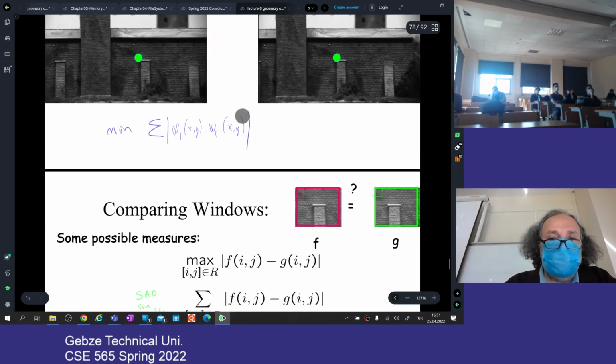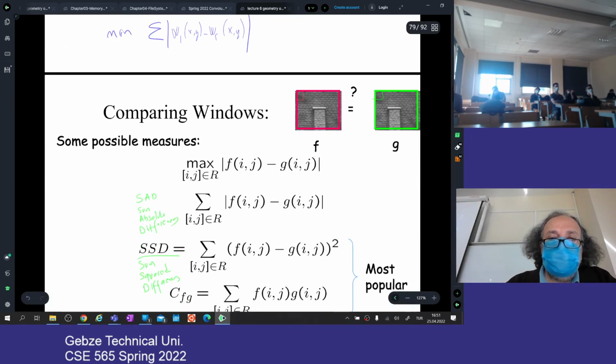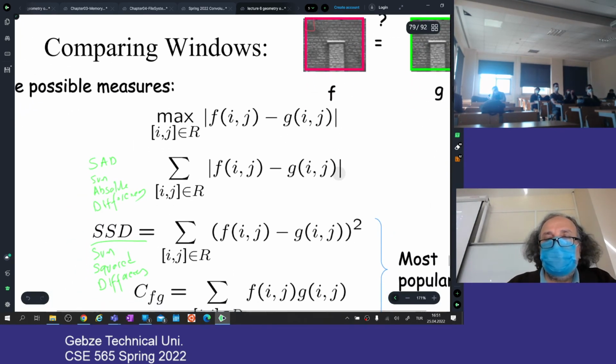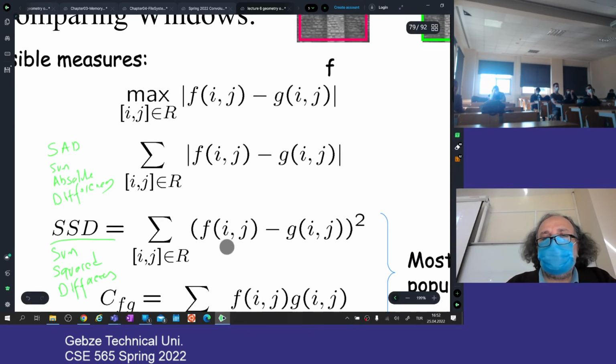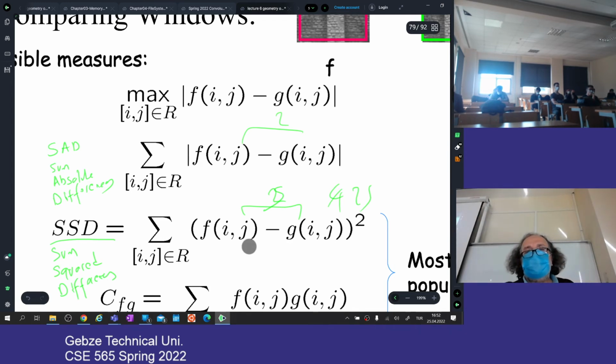It has bigger differences because, yeah, SSD says that I don't like the bigger errors, right? Because, well, I shouldn't say error, but the difference. If there is a difference between two pixels like 2, that will penalize it with 4, but this one will keep it as 2. And if the difference becomes like 5, it will be like 25, right? So this one doesn't like very large differences.